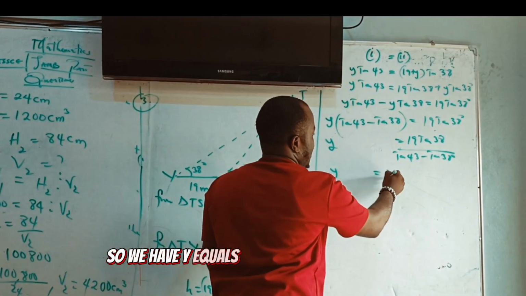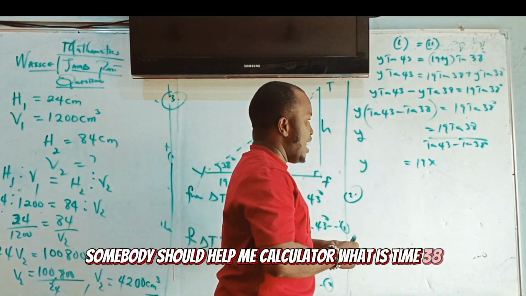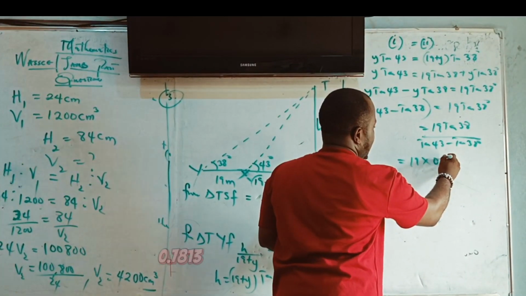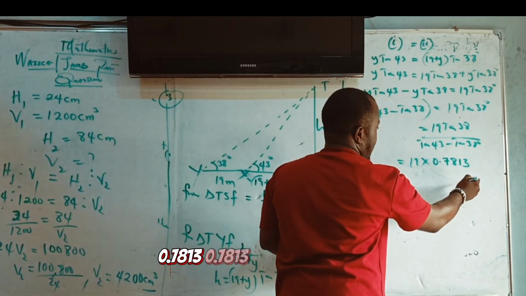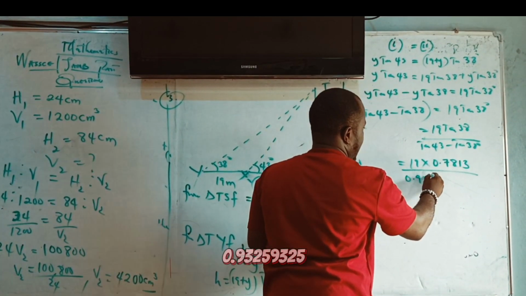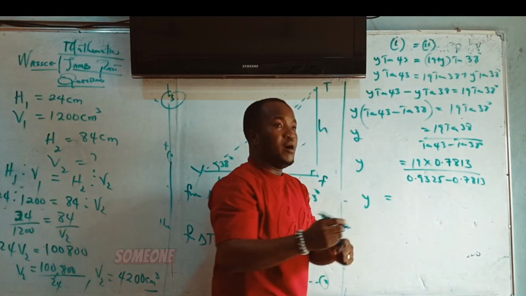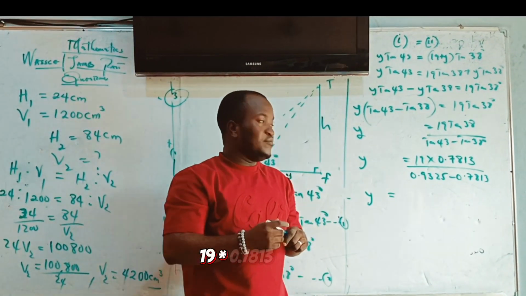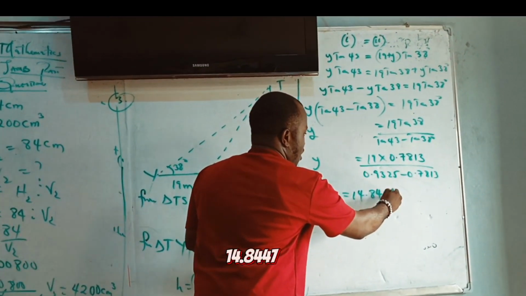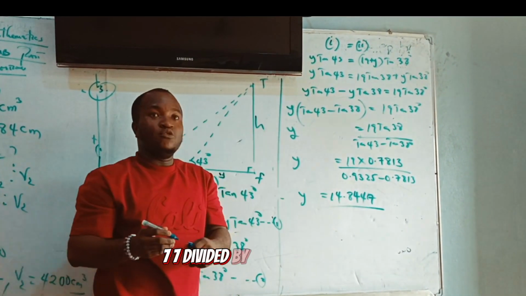So we have y equals 19 times tan 38. Somebody should help me with the calculator: what is tan 38 and tan 43? Tan 38 is 0.7813, and tan 43 is 0.9325. So y is equal to, for the numerator, 19 times 0.7813, which is 14.8447, divided by the denominator.